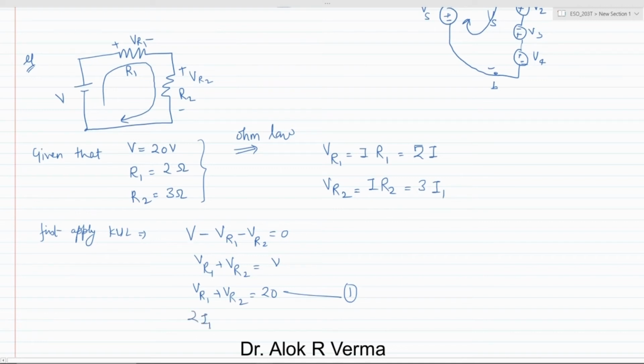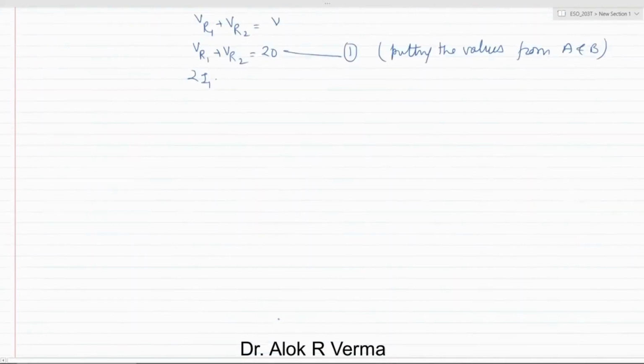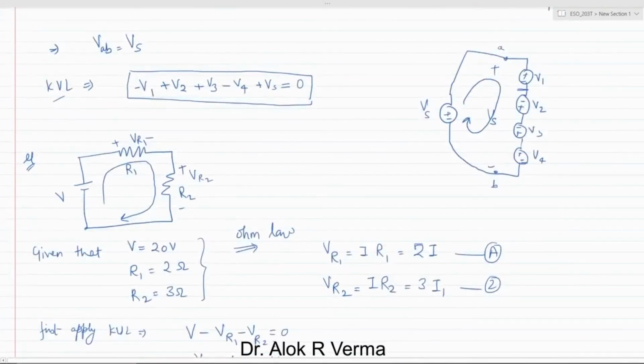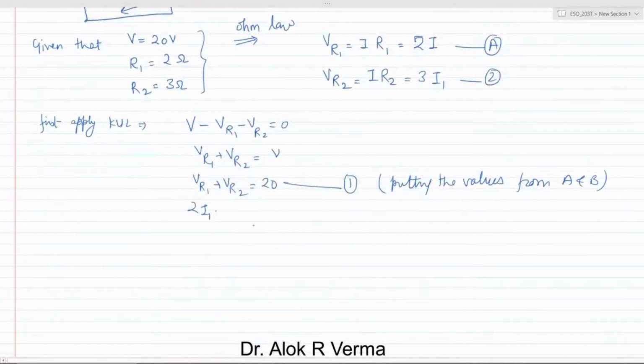Now putting the values from A and B, I1 is not there because there is a single loop, so it should be only 2I plus 3I is equal to 20.